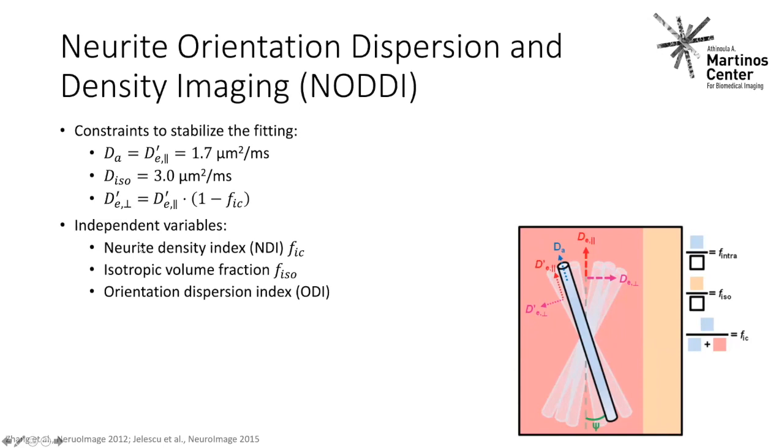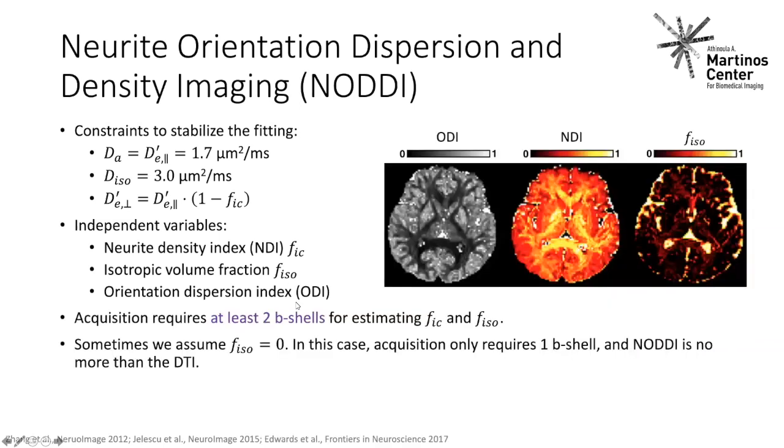In other words, there are only 3 independent variables in this model: the neurite density index, actually the intra-axonal volume fraction, the isotropic volume fraction, which is the volume fraction of the CSF, and the orientation dispersion index, or ODI. And these are typical maps of these metrics.